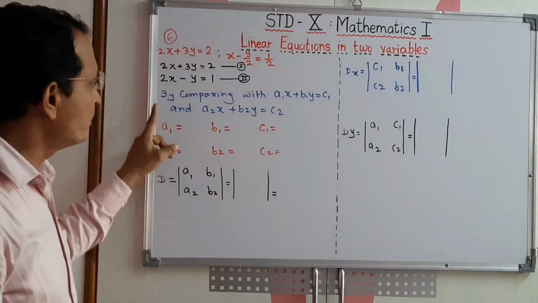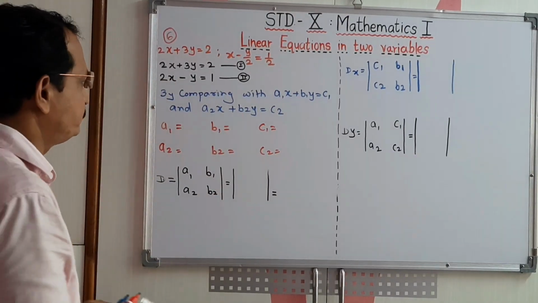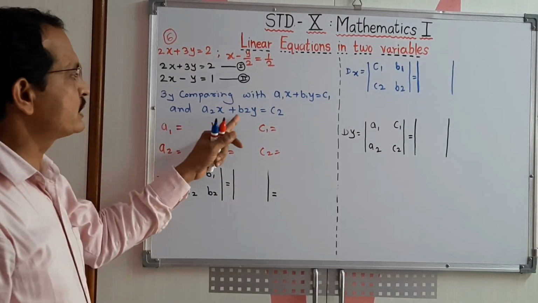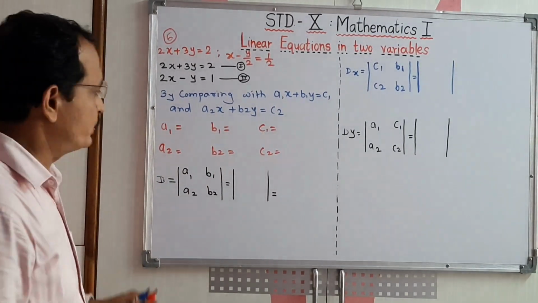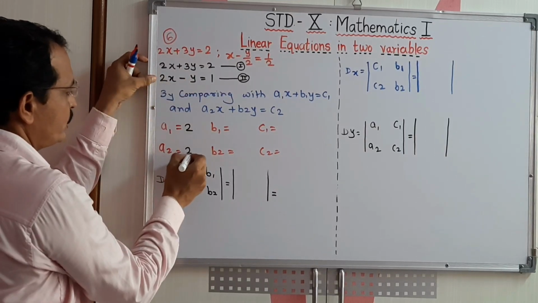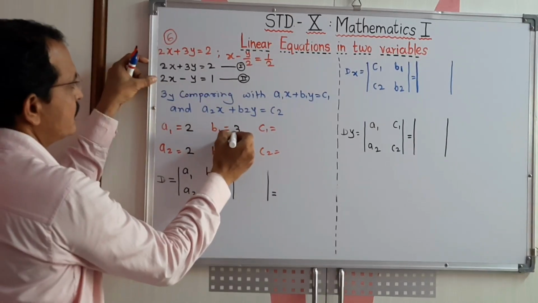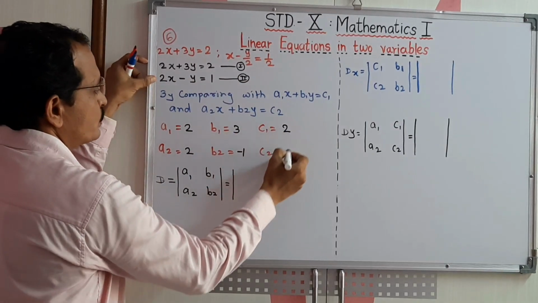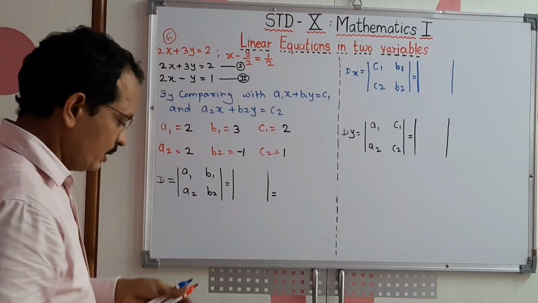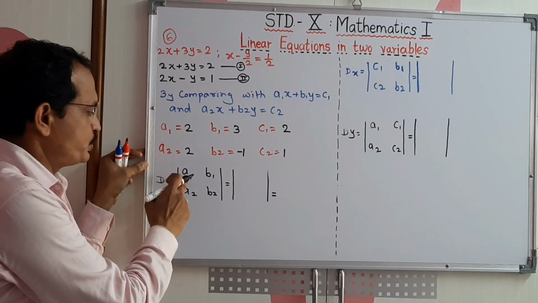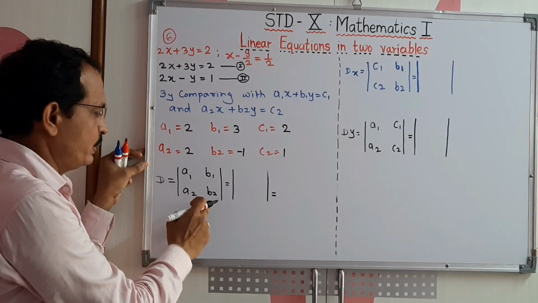Now we have to compare this equation with a1x plus b1y is equal to c1 and a2x plus b2y is equal to c2. Now a1 is 2 and a2 is 2, b1 is 3 and b2 is minus 1, and here it is 2 and 1. Now we have to find out the value of d, as we know that a1 a2 b1 b2.